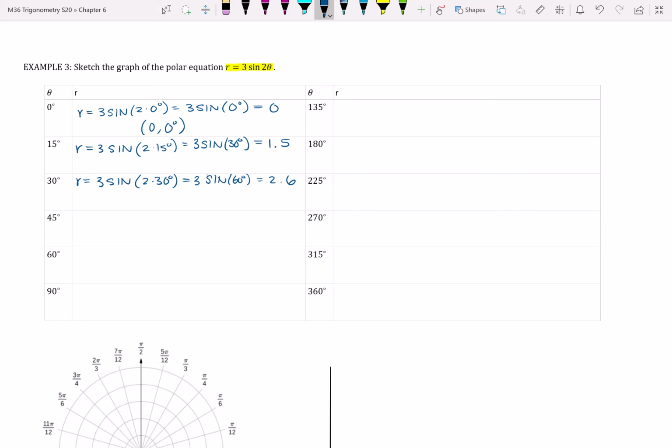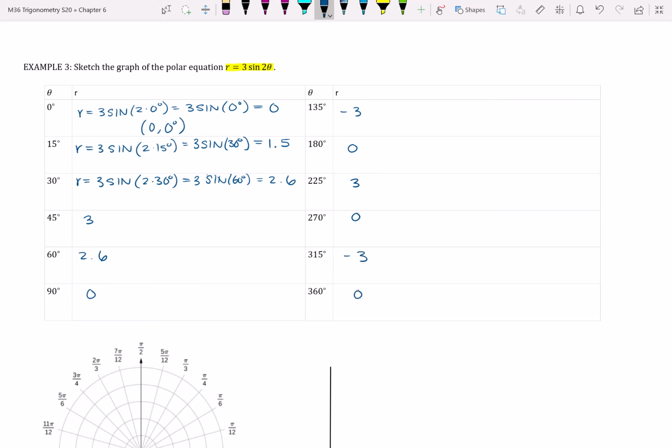If we keep doing this for the rest of the angles, we get 3 for 45 degrees, 2.6 for 60 degrees, 0 for 90 degrees, negative 3 for 135, 0 for 180 degrees, 3 for 225, 0 for 270 degrees, negative 3 for 315 degrees, and 0 for 360 degrees.